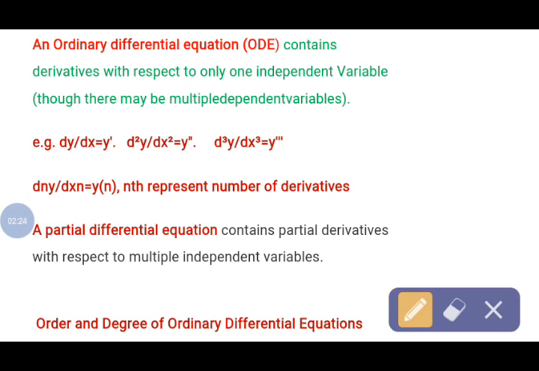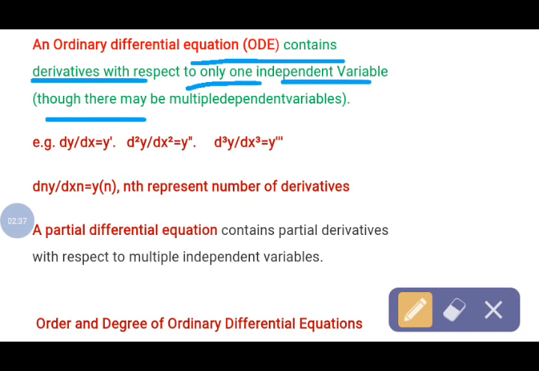Ordinary differential equations are equations that contain derivatives with respect to only one independent variable, so there may be multiple dependent variables. That means for only one independent variable we may have multiple dependent variables.